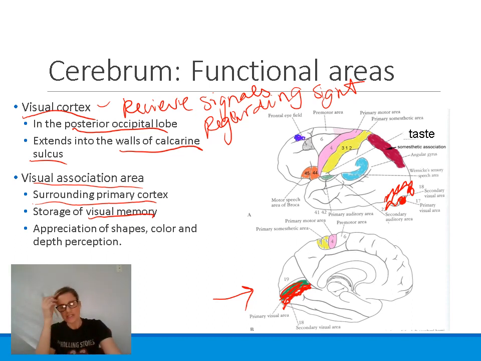And then again, understanding what it is that we're seeing. So the raw, basic data about sight goes into the primary visual cortex. The visual association area is where we can appreciate what it is that we're looking at. So understanding of shapes, color, depth perception, all of that occurs in the association area.